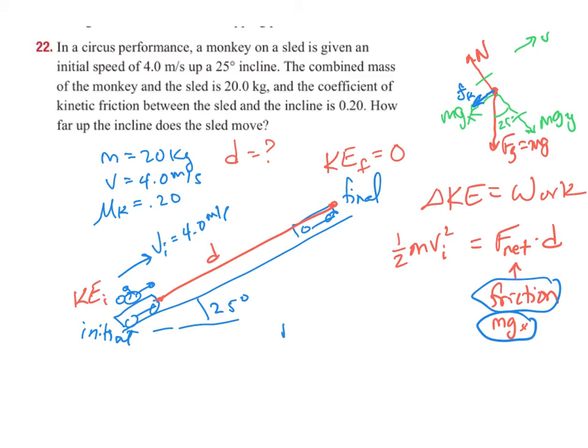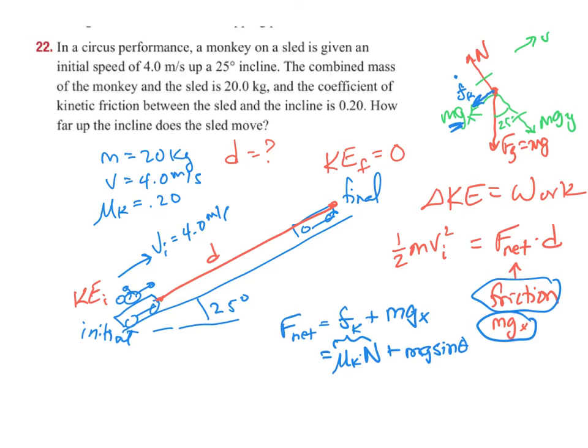So F net is equal to the kinetic force of friction plus the x component of gravity, which is equal to mu k times normal force. Remember, that's what friction is. That's the friction part. Plus mg, and this is the sine of the angle. This is the opposite leg of the triangle right here, that mgx.